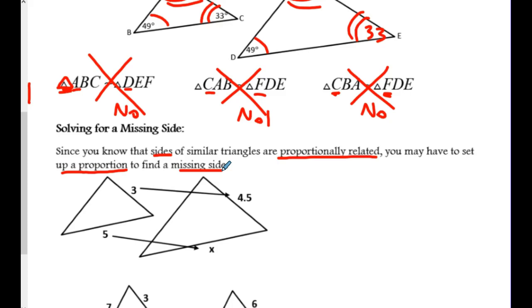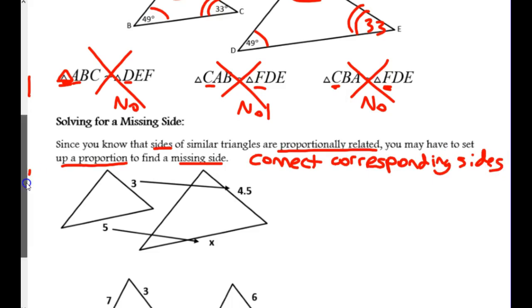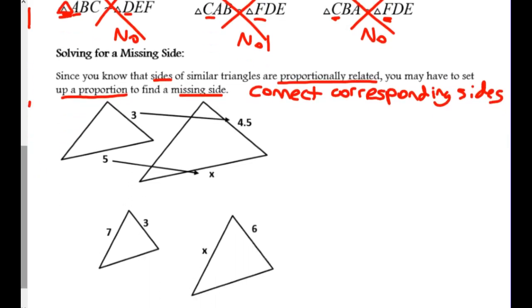So, all right, first one. First step, every time you're doing one of these problems, is you need to connect corresponding sides. So go and write this down. Connect corresponding sides. So here's how you can do that. I see 3 corresponds with 4.5, so I draw a little arc to it.